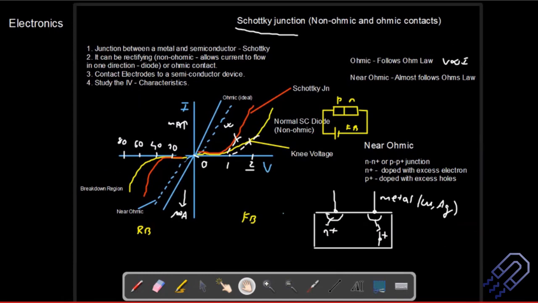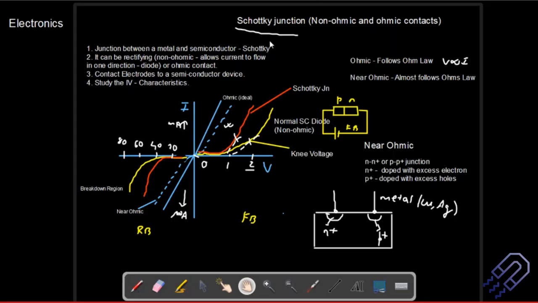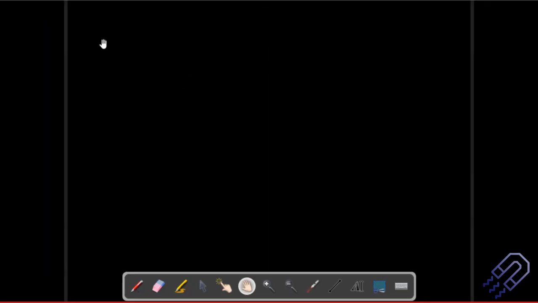Let me just take a new page. Another way of making the metal contact is this.